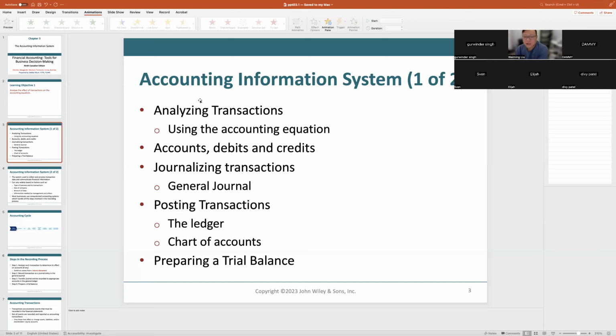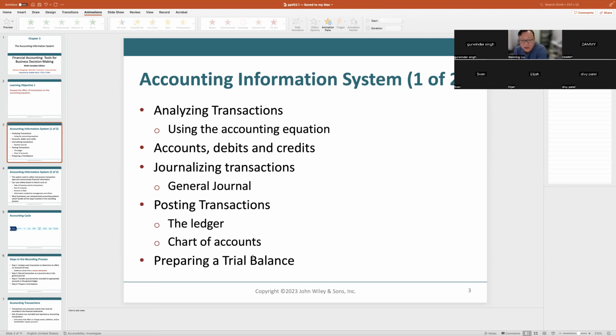So that's kind of the major process. First, analyze the transaction. How does that affect my accounting equation? Specifically, how does it affect my accounts? Which accounts? Do you debit or credit that account? Then you make journal entries on the general journal, and then you post all these transactions into all the charts of accounts on the ledger.